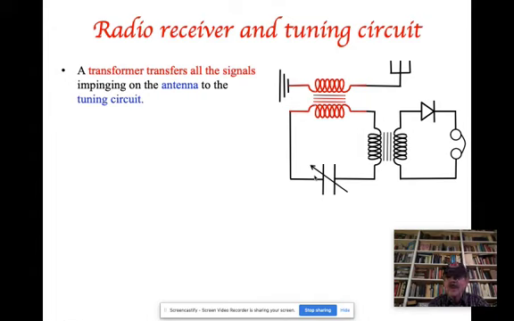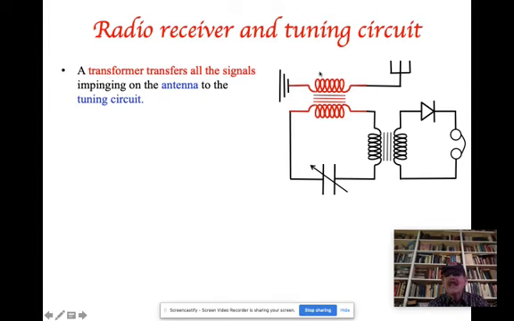And if you remember, circuits like this have a natural frequency that they want to oscillate at. So if the signal that has been put in here happens to match up with that natural frequency, that signal will proliferate. If the signal that has been transferred in does not match up with that natural frequency, it will dampen out.